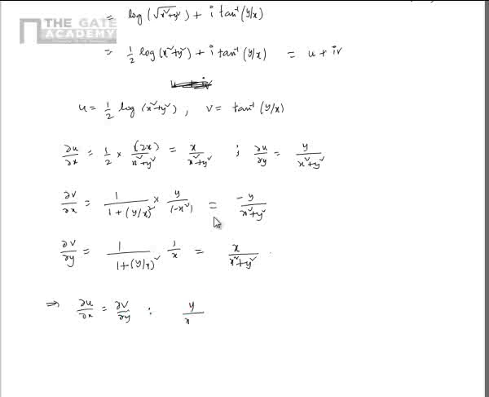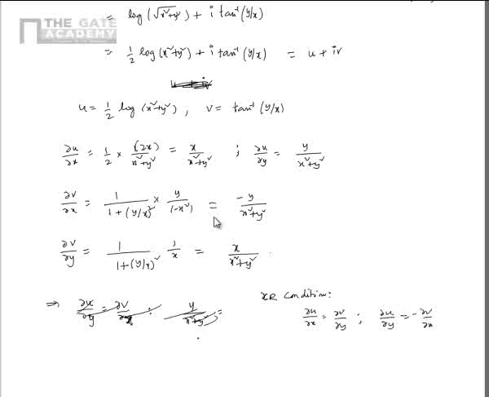So the CR conditions are: ∂u/∂x has to be ∂v/∂y, and ∂u/∂y has to be minus ∂v/∂x.